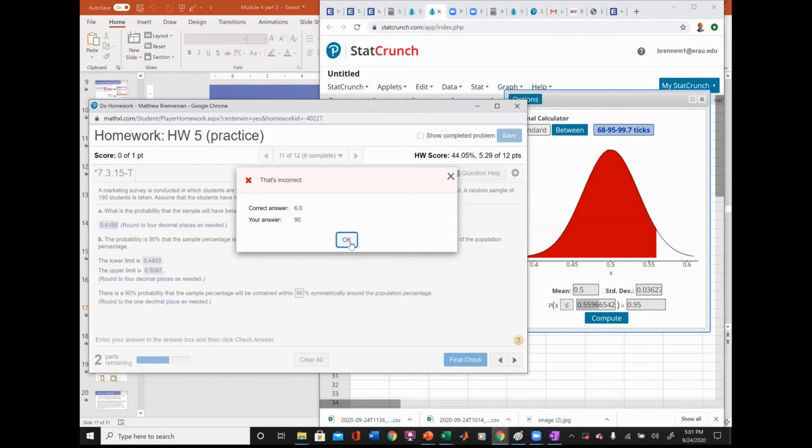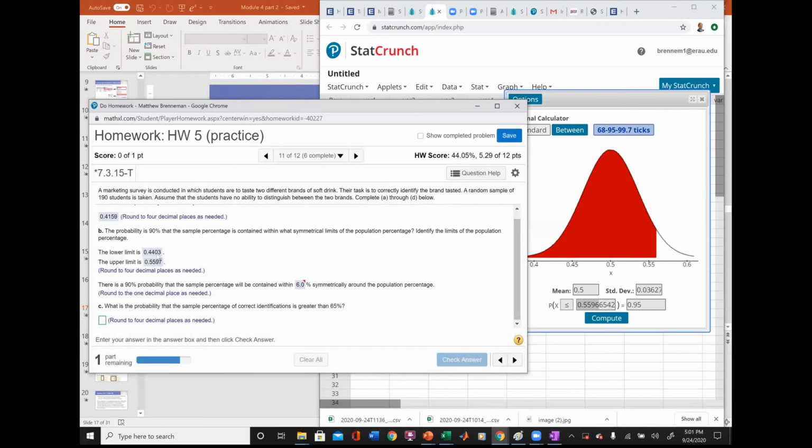That's what they want. Okay, they want the width of this percentage. So notice that the width is around 3.6 here. Okay, that's what they want. So they want you to subtract this from this and calculate the length. Okay, that's what they're looking for here.